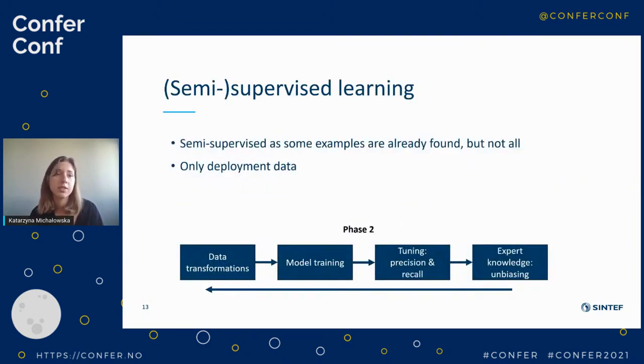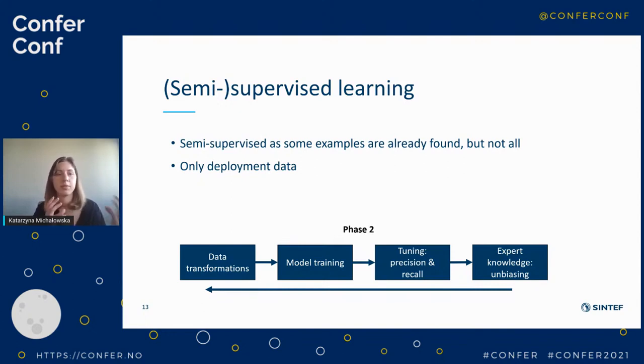So having these anomalies, we now could train our actual algorithm. And so the algorithm was a semi-supervised learning group that we named it this way. In this process, we also had the loop through which we were going.